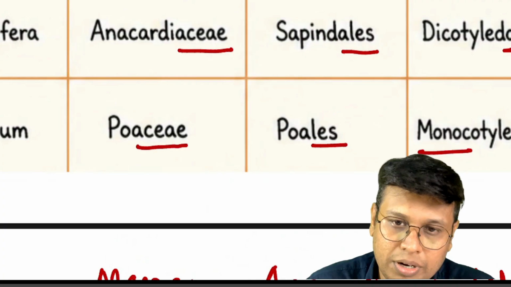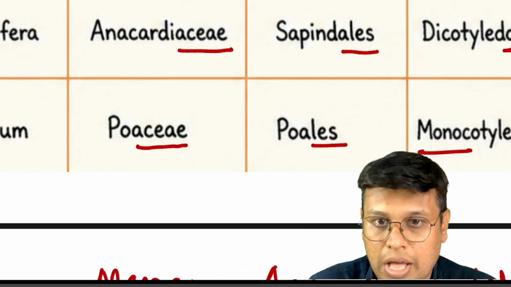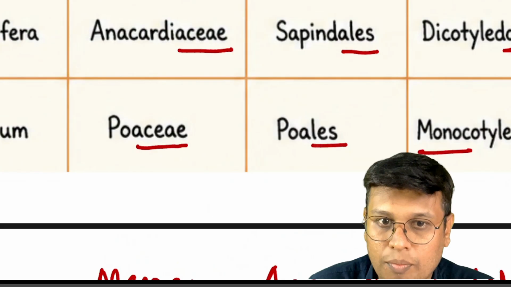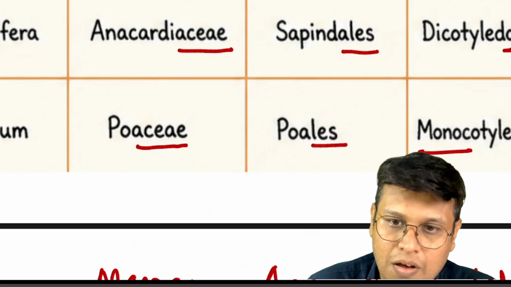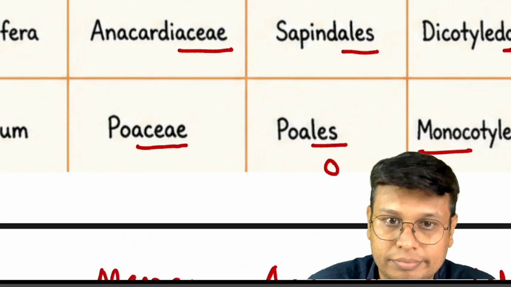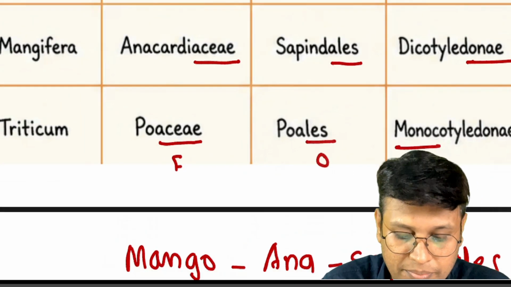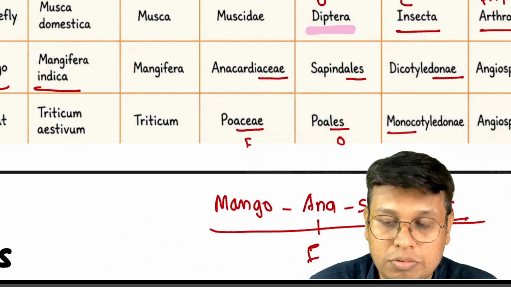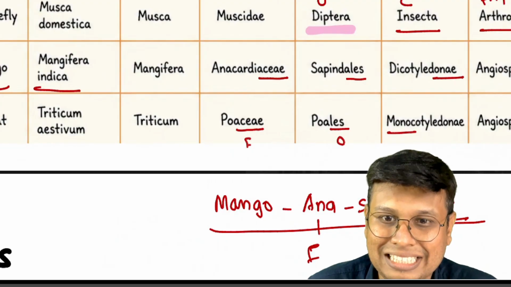You have to remember Triticum aestivum, scientific name, Poaceae, Poales. So both have Poa: Poaceae or Poales. ALES order, ACEAE family, and you have to just remember it for Triticum. So Triticum aestivum, easily rememberable.